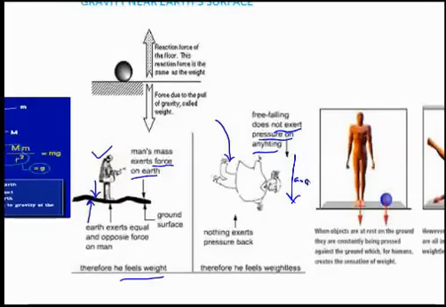It means that when the man is not exerting any pressure on anything, the earth also is not exerting any pressure, either equally or in the opposite direction, on the man. So there is no pressure acting on either side. That is the reason why he feels weightlessness.